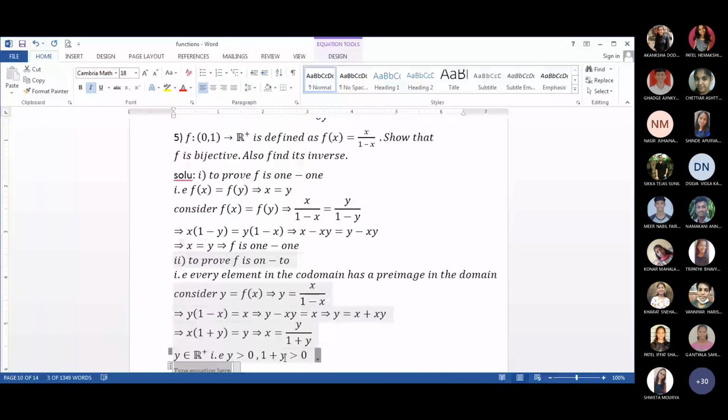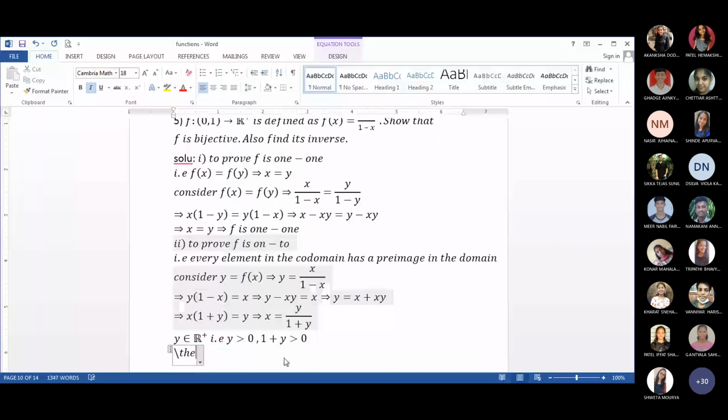So now what I have is y is positive, 1 plus y is positive. Therefore 0 is less than y divided by 1 plus y, right? दोनों पॉजिटिव है तो वो फ्रैक्शन भी पॉजिटिव ही होगा, तो वो 0 से बड़ा है.